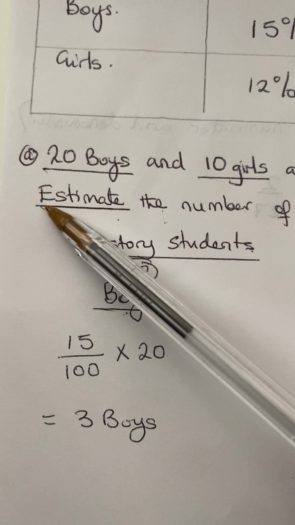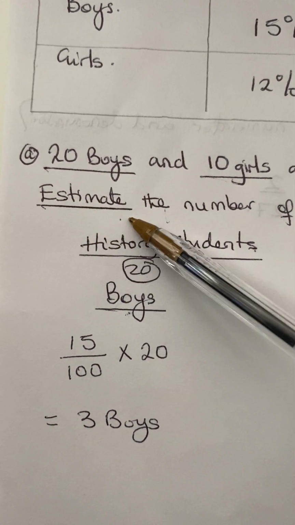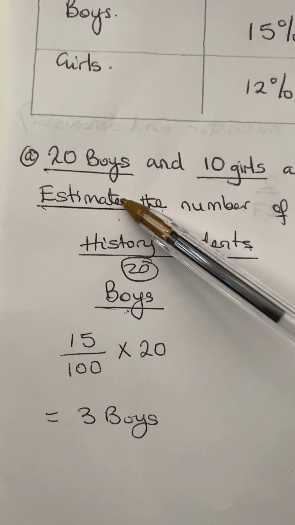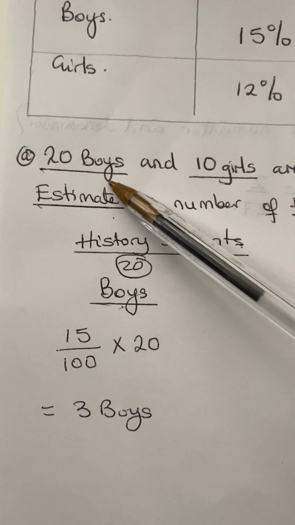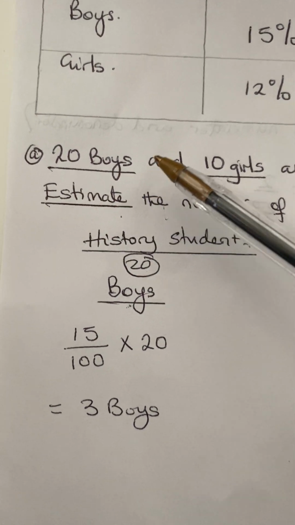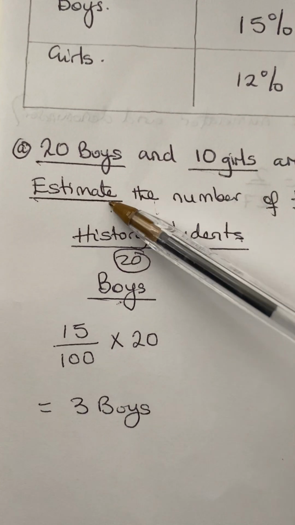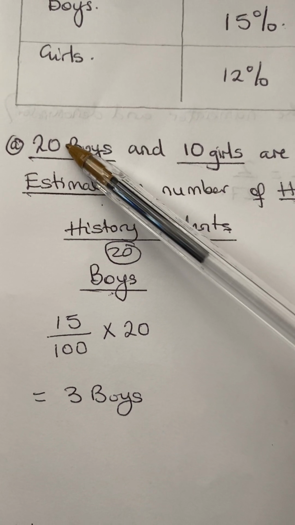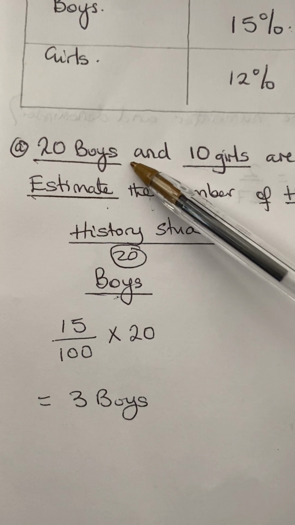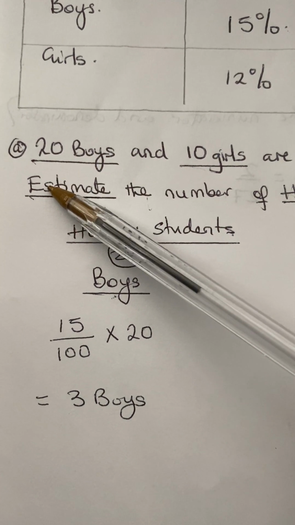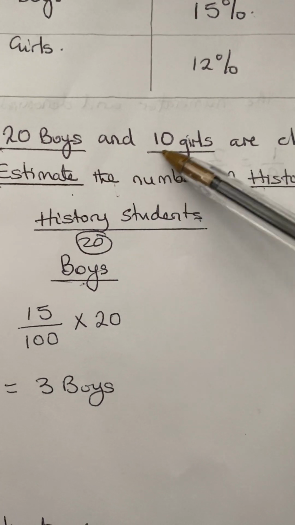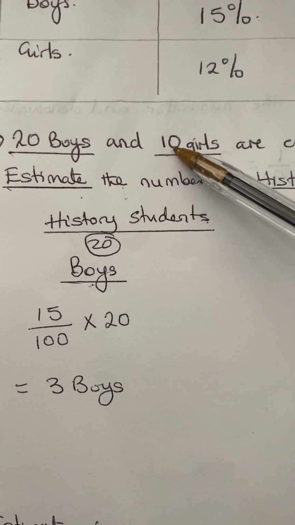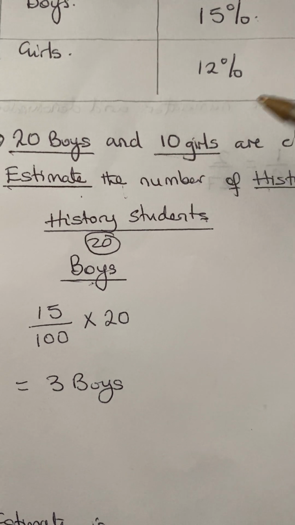Now, this word is very important, estimate. Because there is a chance that when I calculate, I'll get a fraction, a decimal number, and I have to round it because I can't have 6.7 boys. It's either 6 or 7. And I can't have 5.8 girls.